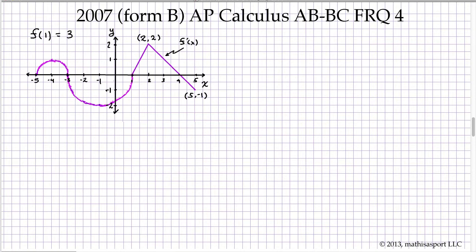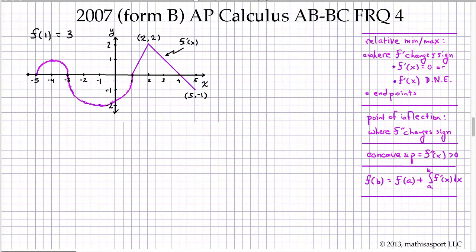The specific questions that they're asking us have to do with local maxima, points of inflection, absolute minima, and then intervals where the graph is concave up and has positive slope at the same time. So this is information that's going to be useful to us in handling those four parts of the problem.